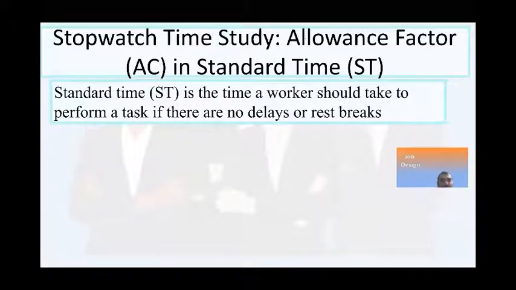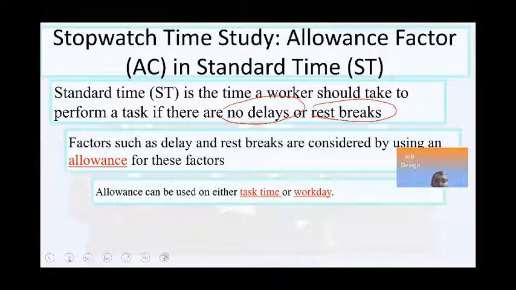So what is this allowance factor? Well, the standard time is the time that it should take to perform a task if there are no delays, no rest breaks, but in reality, there's going to be breaks. So this factor is going to allow for such things and incorporate them into the standard time, or take them out of the inflated time so we can get the real standard time.